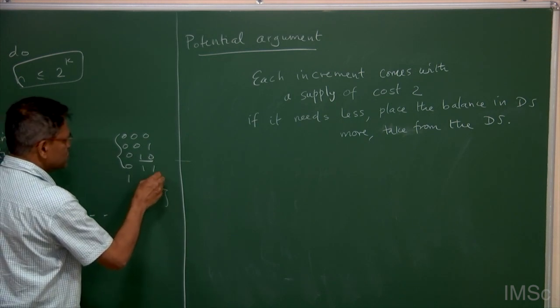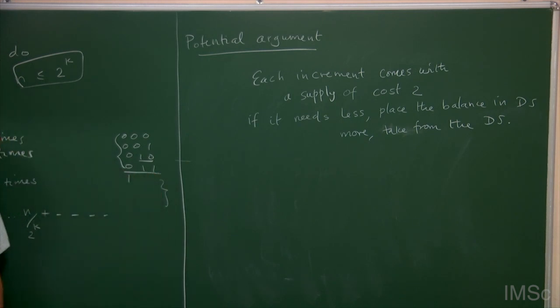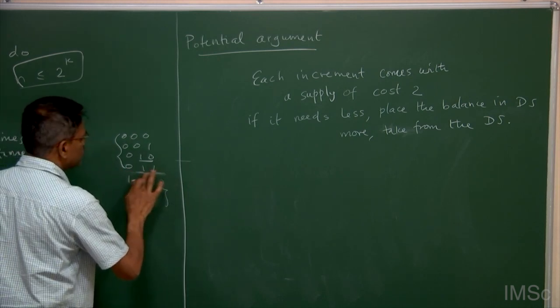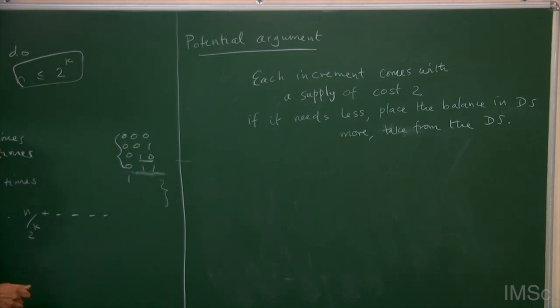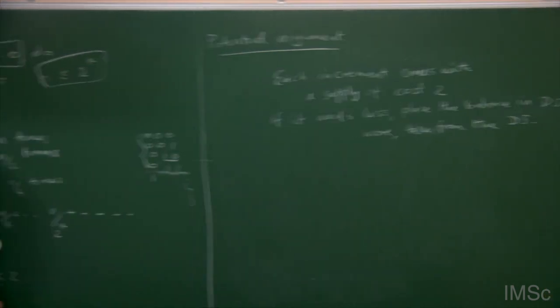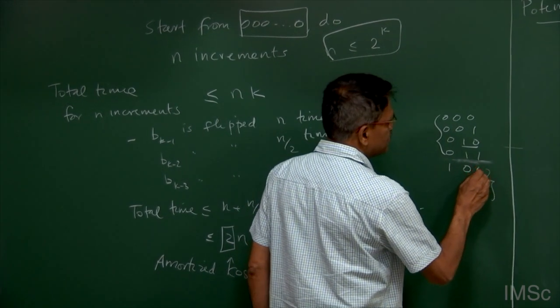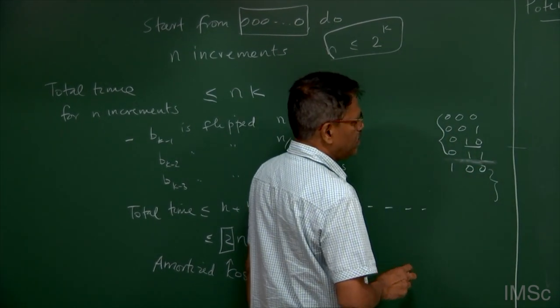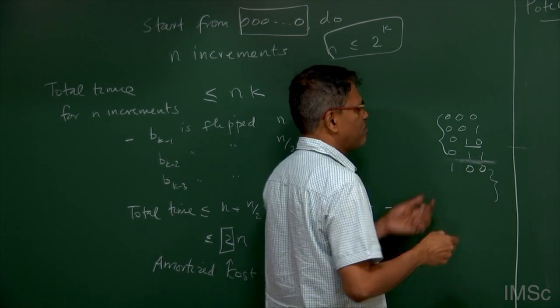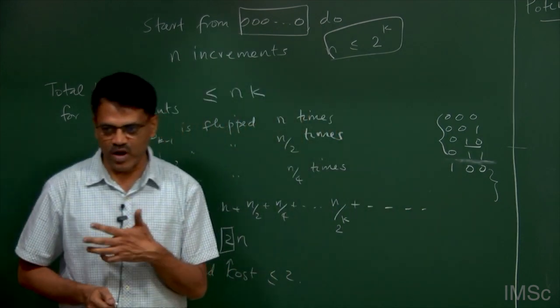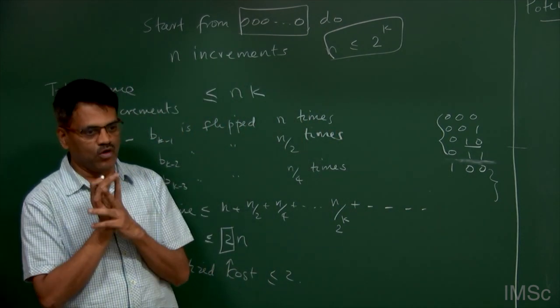The next operation performs just 1 flip, so it has an extra 1, and now the data structure has 2 units. The next one does 3 flips. So I'm using 2, and we still have something extra, 1, in the data structure. This is how the whole thing will go.